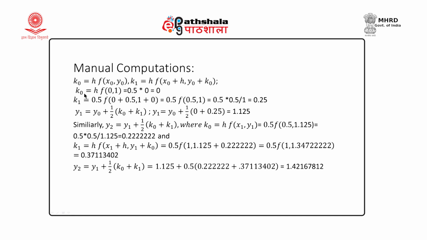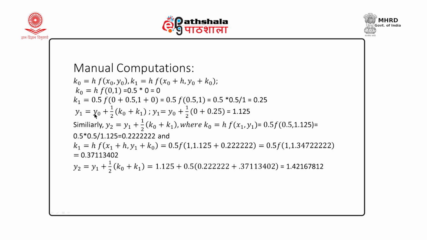So k0 is h f(x0, y0), that is 0 upon 1, which is 0. k1 is h f(x0 plus h, y0 plus k0), with x0 being 0 and y0 being 1, so 0.5 times 0.5 by 1, which is 0.25.